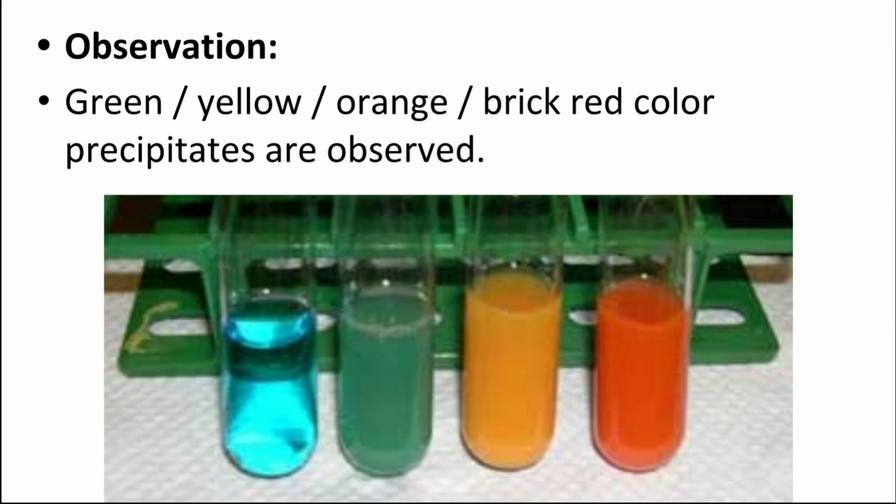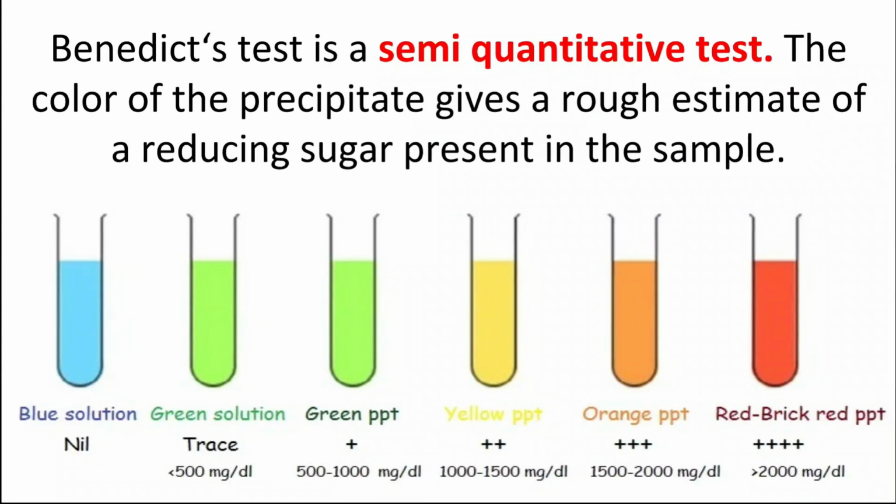Now this gives us a very good opportunity to identify the concentration of the carbohydrate present in the solution, and that's why the Benedict test is also called a semi-quantitative test. Whatever precipitate we get gives us a rough estimate of the reducing sugar present in the sample. If you get a blue color, that means there is no sugar.